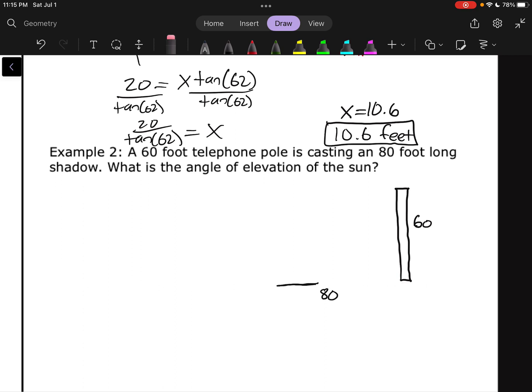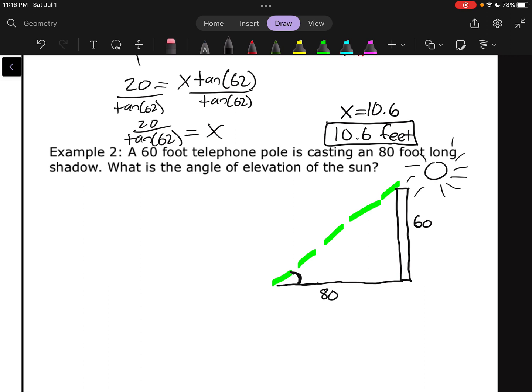Let me redraw this a little bit here. So the shadow's going this way. Now, if the shadow's going that way, then obviously the sun would have to be over here. And so the angle of elevation of the sun, in order to see the sun, we would need to be going like this, right? So that's the angle that we need to find here.